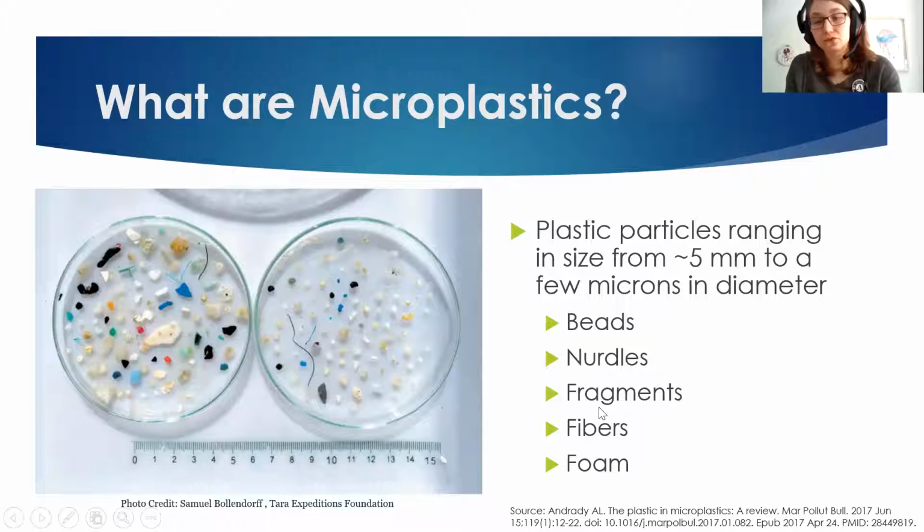When we think about fragments, fibers, and foams, we're generally thinking about breakdown. However, fibers such as nylon can be used to make other synthetic products like our shirts. When we think microplastic, we're thinking 5 millimeters and less. But a lot of the microplastics that get talked about are actually mesoplastics, in the range of 5 to 25 millimeters.